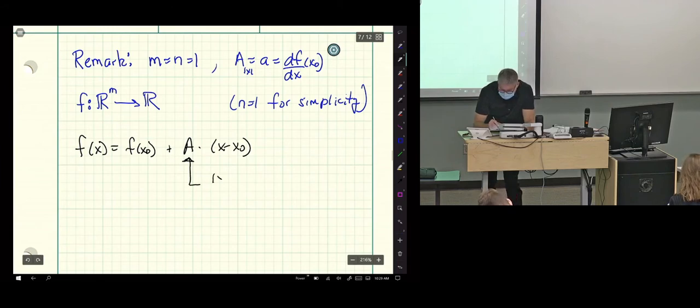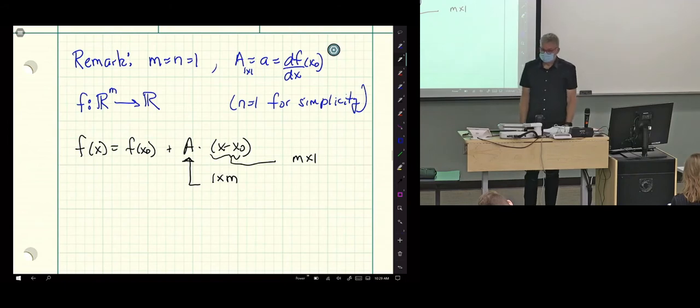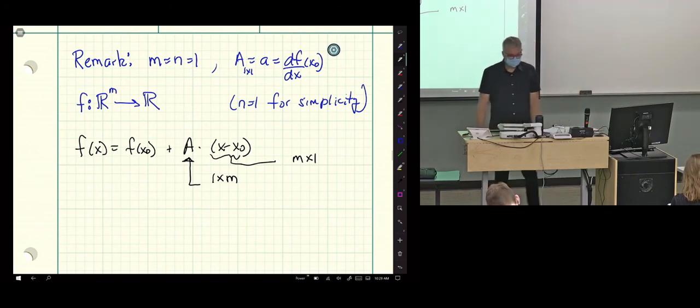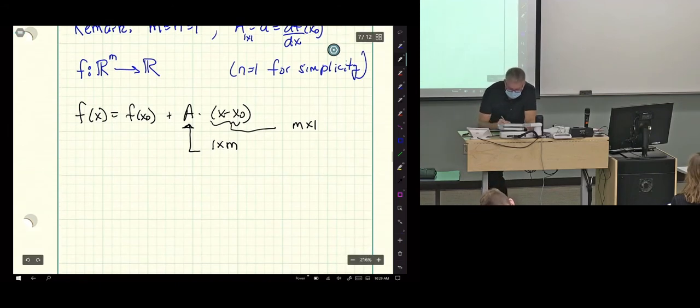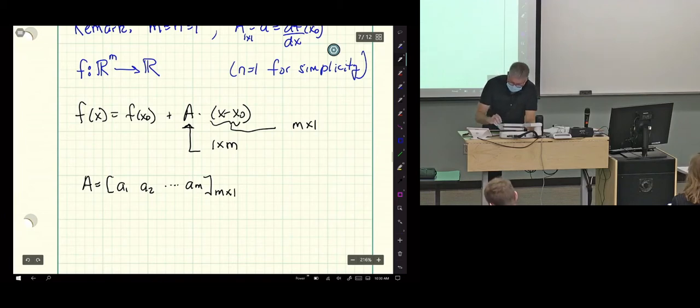But now this is a 1 by m, and this is still an m by 1 because it's in R^m. Okay, just keeping track of what we have. So if A is going to look like that, it's a row vector. Let's call it A1, A2, dot, dot, dot, Am. Okay, so that's m by 1, excuse me, 1 by m.